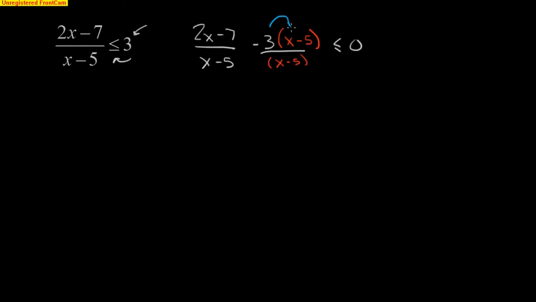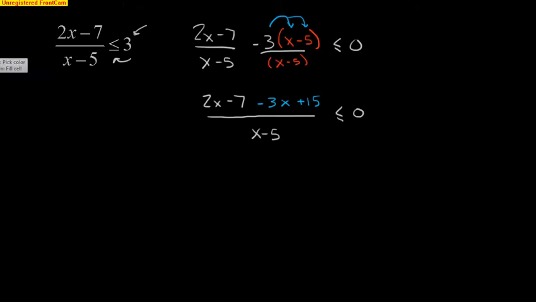So when I do that, I'm going to get 2x minus 7. And then when I distribute, I'm going to have negative 3x, because I'm going to distribute the negative 3. And then positive 15. And this is all over my common denominator of x minus 5. That's got to be less than or equal to 0.